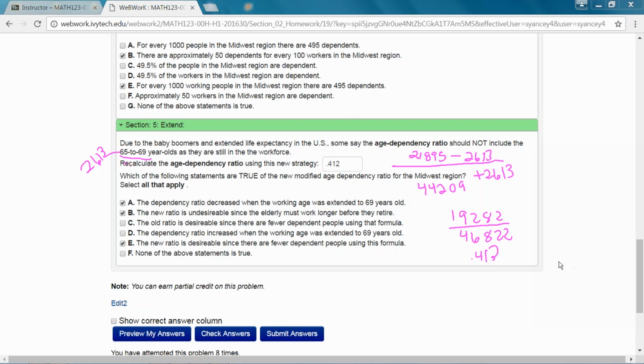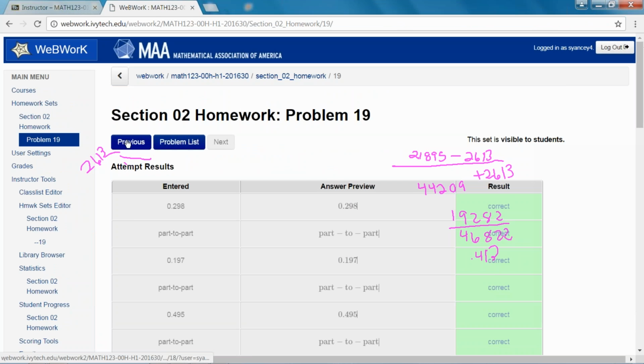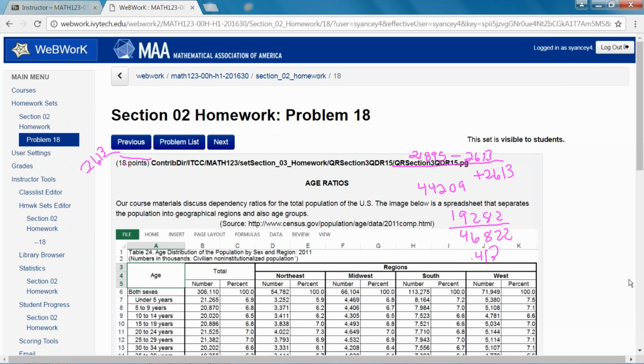Yep. 18 was not as difficult as this one. The problem with 18 was that most people did not catch, and it won't always be there, that this chart said right here in thousands.